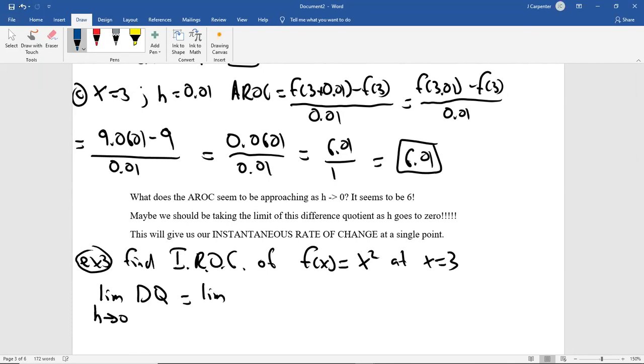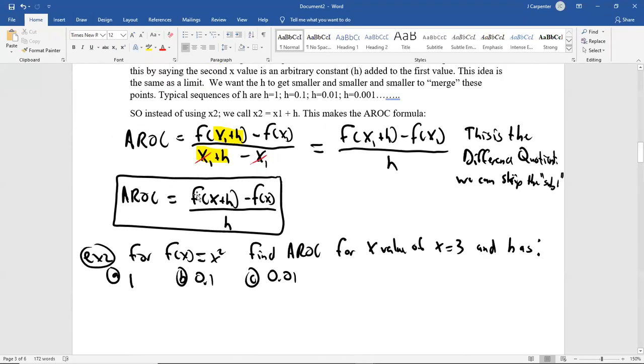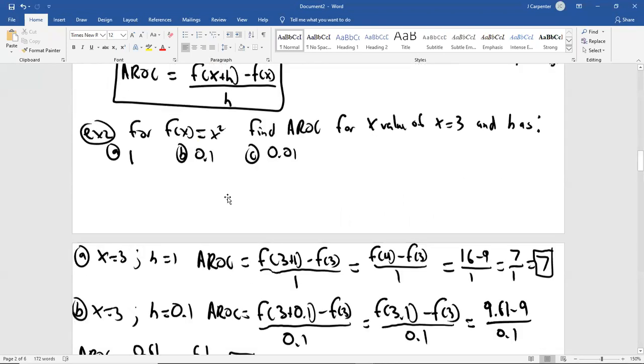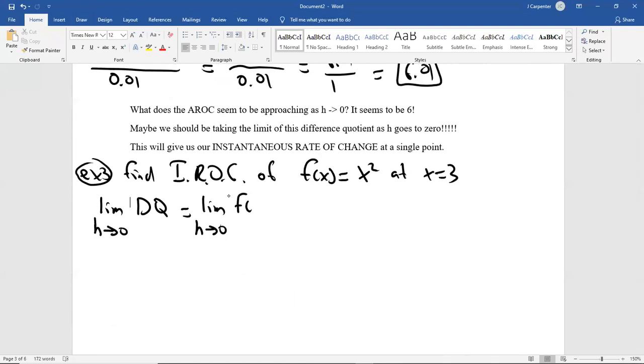So that's the limit as h goes to 0 for f of x plus h minus f of x over h, where our x is going to be 3 and the h we're going to leave as h. All over h. I wrote an x here; I meant to write a 3 there. Let me just undo that. Bad habit.